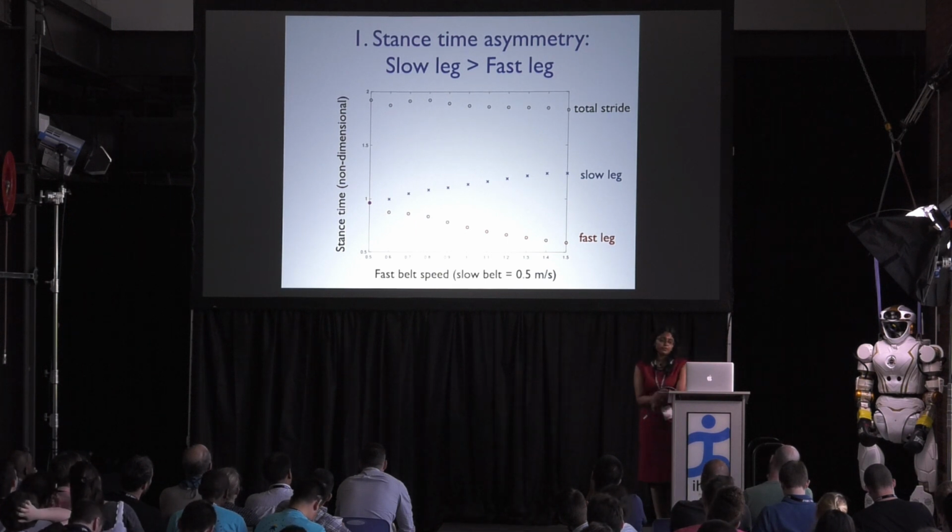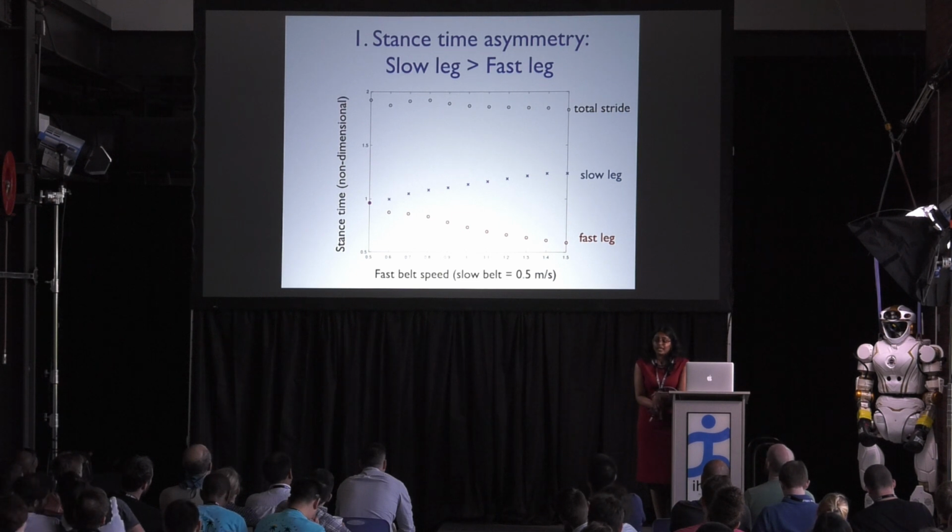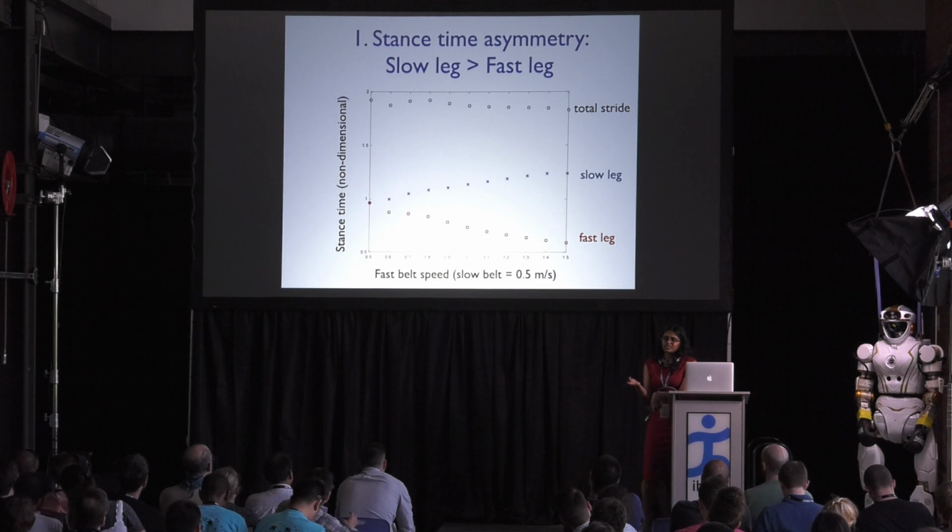So the first prediction that we find agrees with what's seen in experiment: the model discovers that it spends longer stance time on the slow belt than on the fast belt.